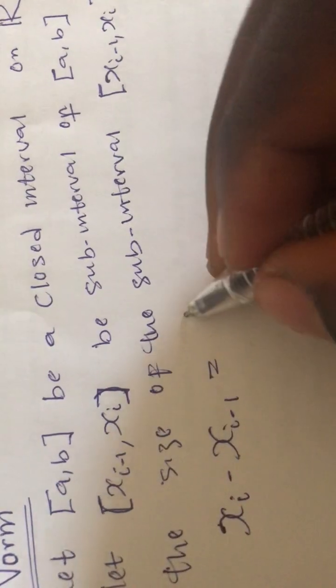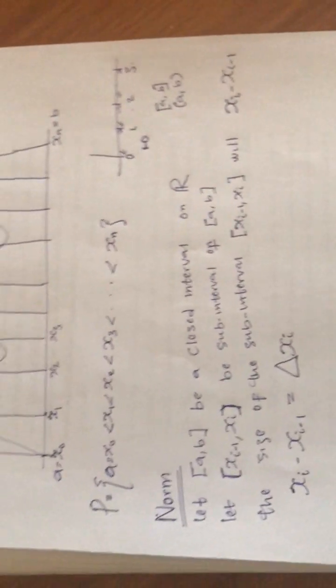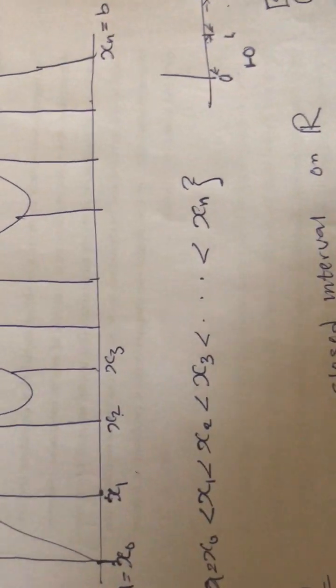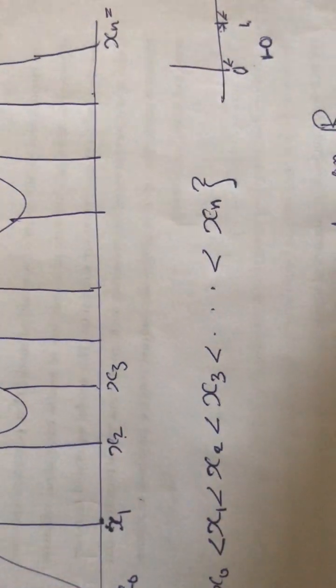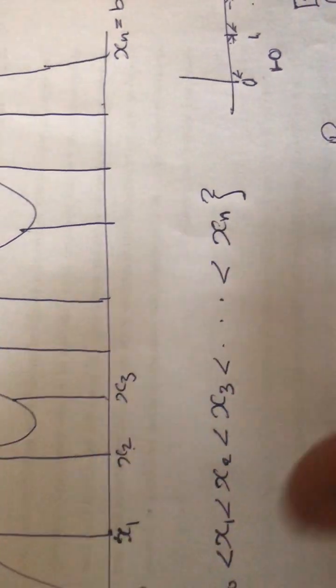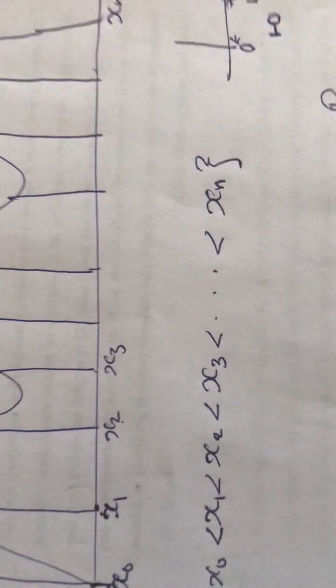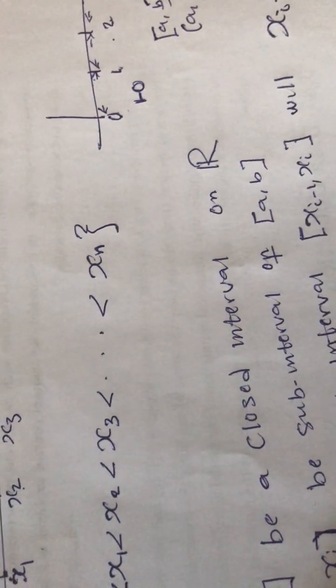In math, once you see something like this, you know it's talking about forward difference. And the sub-interval, so far it is still an interval within the range of a and b. It shows that the sub-interval is between a and b. So far a and b contain the intervals, so we can say they are sub-intervals of a and b.